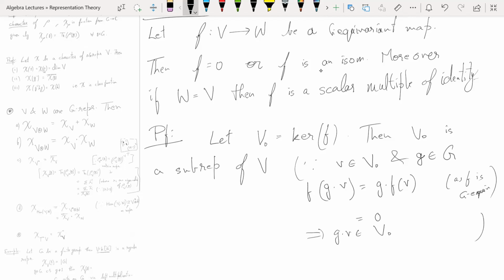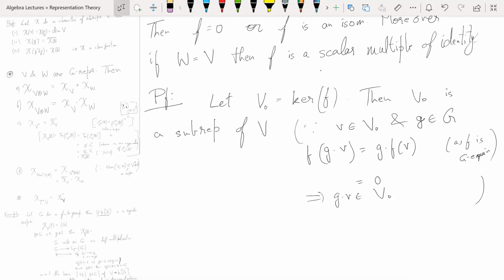So that tells you that the kernel is indeed a sub-representation of V, but V is irreducible. So V0 is equal to 0 or V0 is equal to V. It's either trivial, 0, or the whole thing.